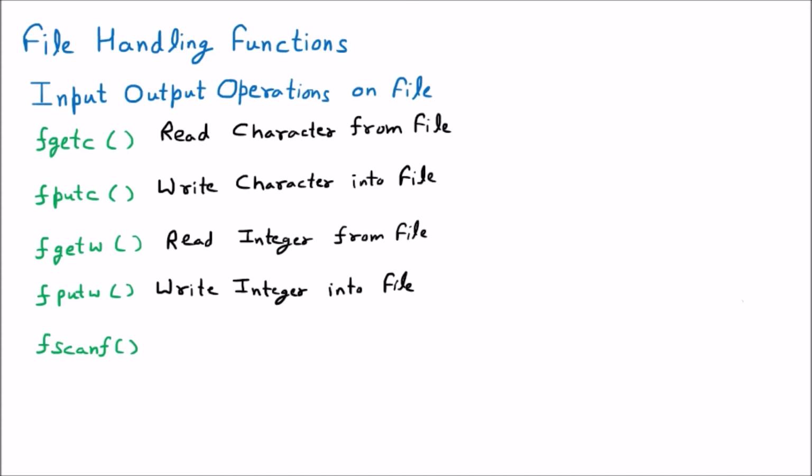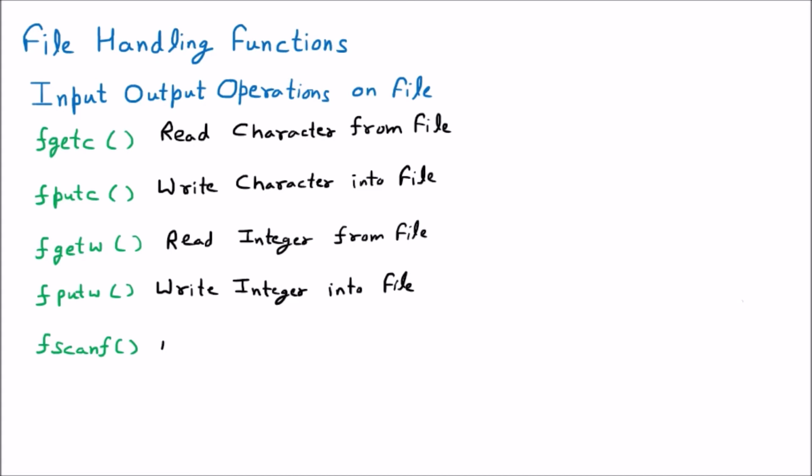Mixed data means I want double and the float together. I want character and string together, or maybe I want integer and character together. For that purpose, the mixed input, we are having the fscanf function. So we can say that it is going to input mixed data from file.